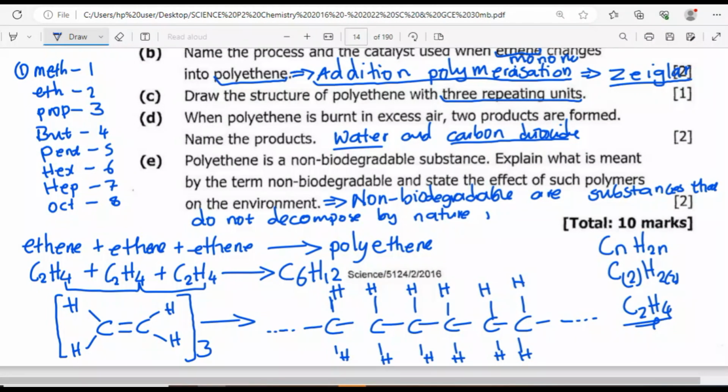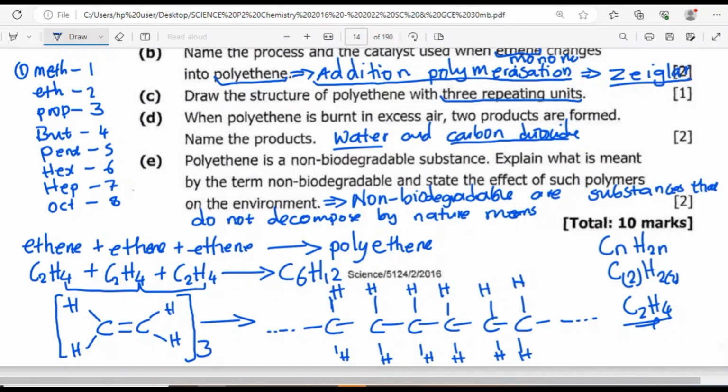By natural means, we are saying if you buy these or just expose them to an environment, no matter how long it takes, they will never decompose. For example, plastic does not decompose. So these are what we call non-biodegradable.